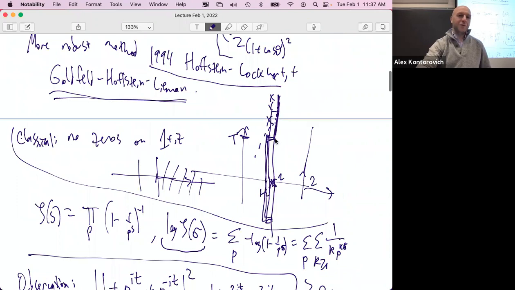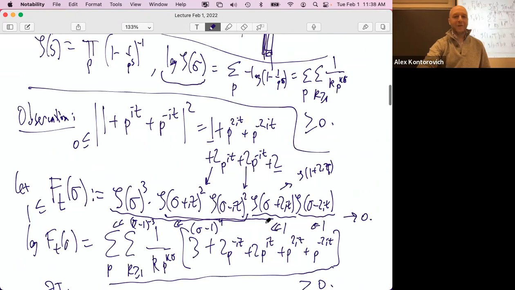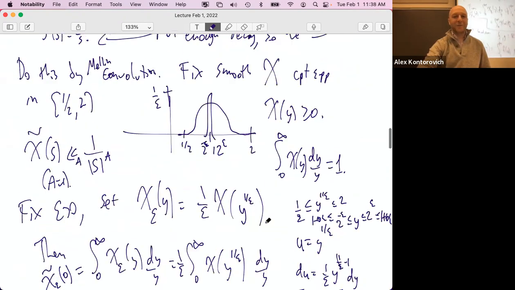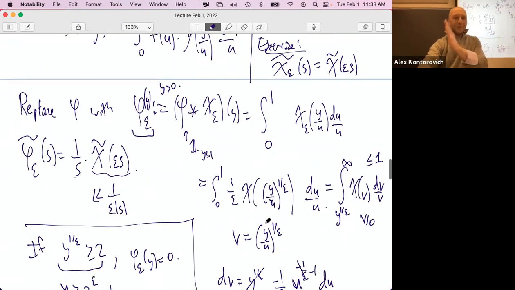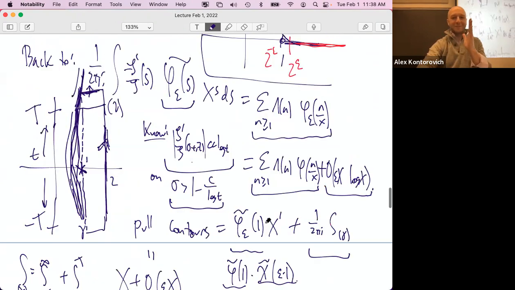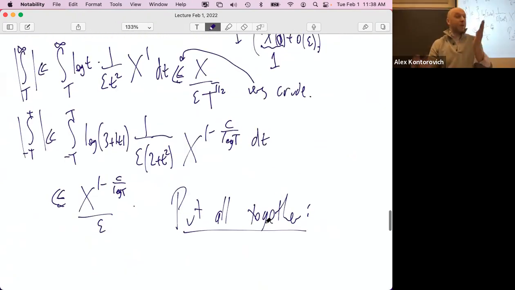He said, if you knew there were no zeros in an entire vertical strip, then don't come to this line, come all the way to this line, and only do one estimate, and the one estimate is x to the 1 minus delta. You get a power savings. And he said, if the zeros really are on the 1/2 line, then pull the contour all the way to the 1/2 line and get x to the 1/2 plus epsilon.